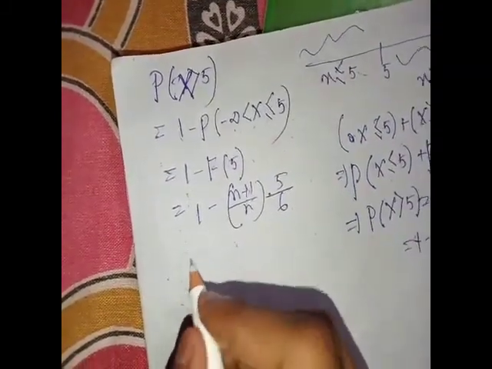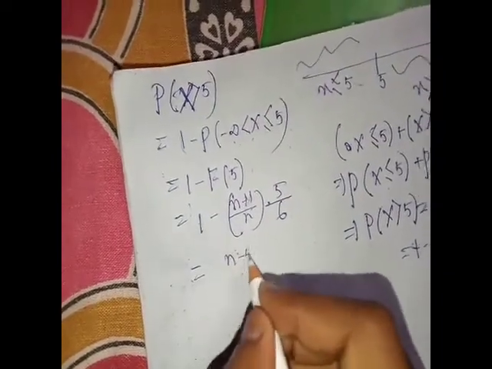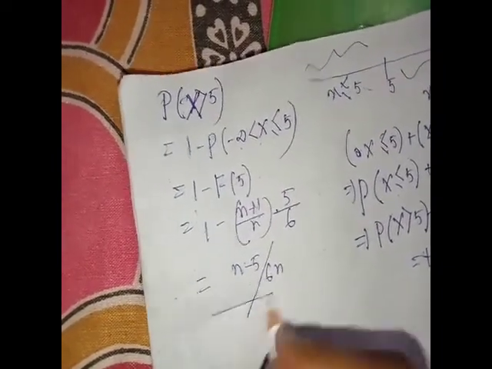After calculation we get (n−5)/(6n). This is the required result.